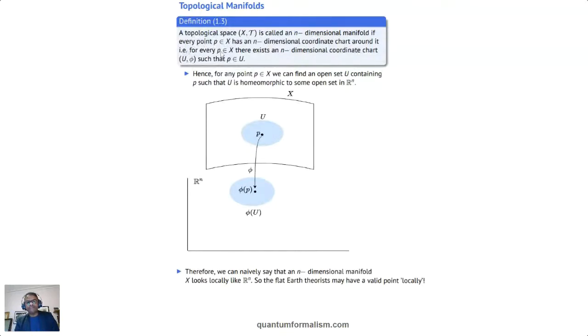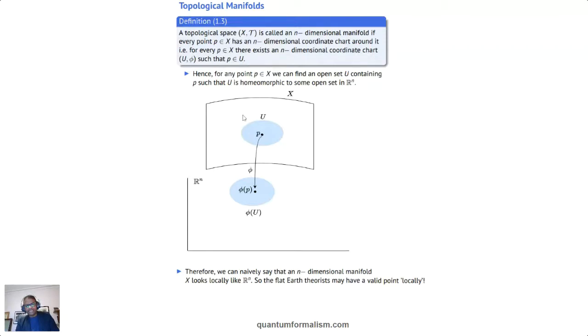In other words, for every p in X, there is at least one n-dimensional chart whose domain contains P. So this means that for any point P in the space, we can find an open set containing P and a homeomorphism to Rn.